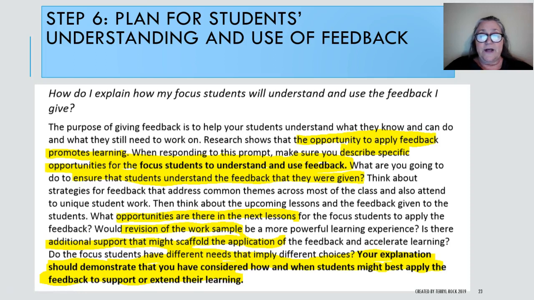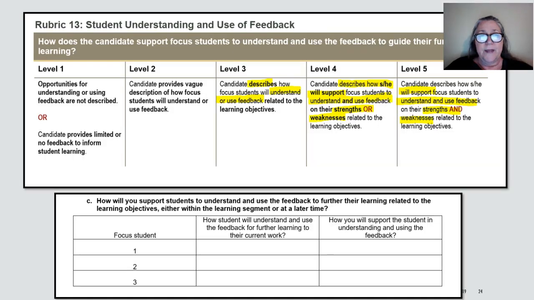Do the focus students have different needs that would imply different choices? So your explanation should demonstrate that you've considered how and when students might best apply the feedback to support and extend their learning. This is rubric 13.